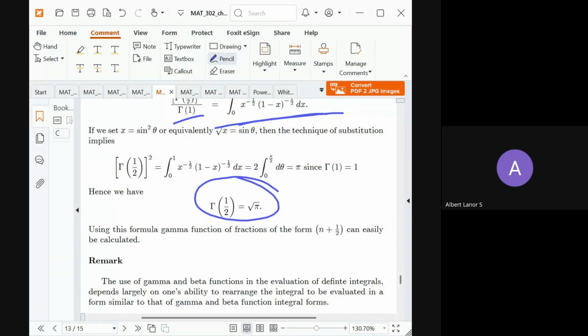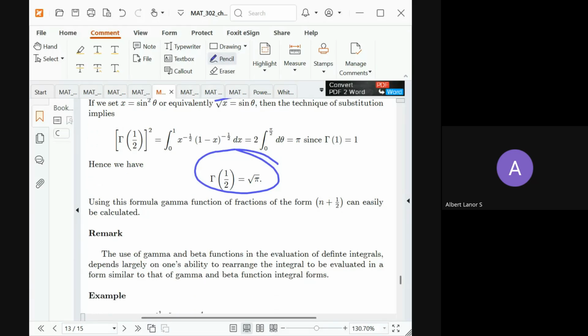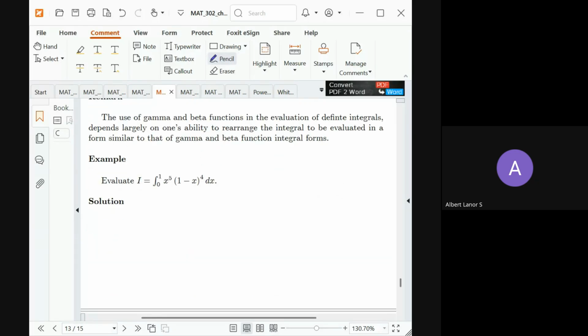Now the remark: the use of the gamma and beta functions in the evaluation of definite integrals depends largely on your ability to rearrange the integral to be evaluated into a form that is similar to either the gamma function or the beta function. Once it looks like the gamma function or the beta function, you can easily progress.